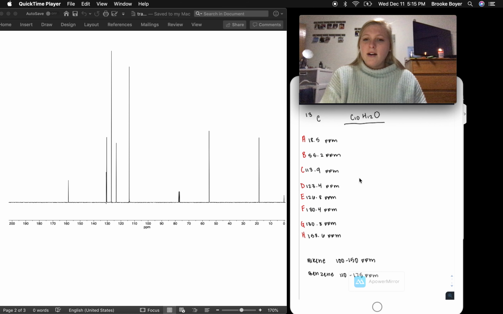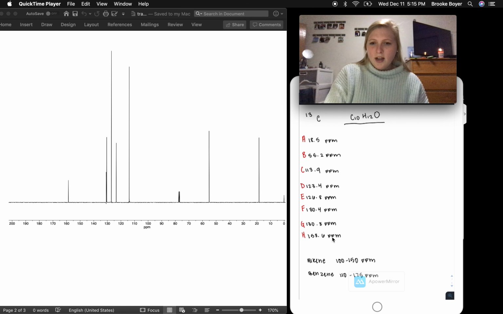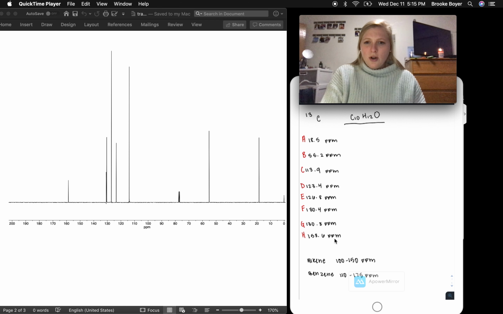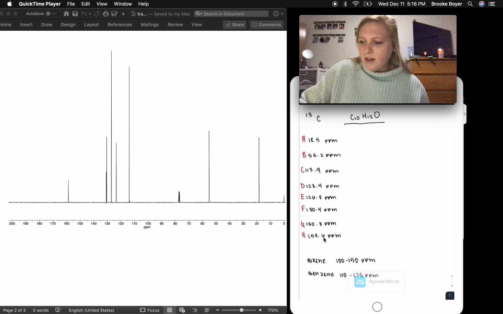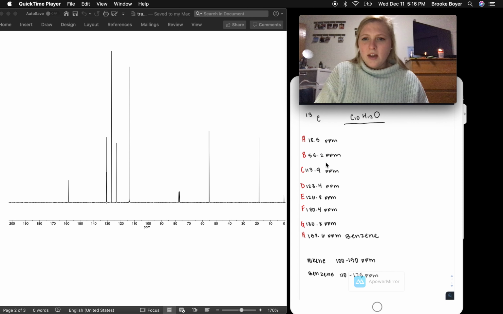Since an alkene is from 100 to 150, there is only one that is above that range but also fits into the benzene range, which is the highest chemical shift carbon. So this is definitely going to be part of the benzene ring, and the other ones could possibly be from either the alkene or the benzene ring.